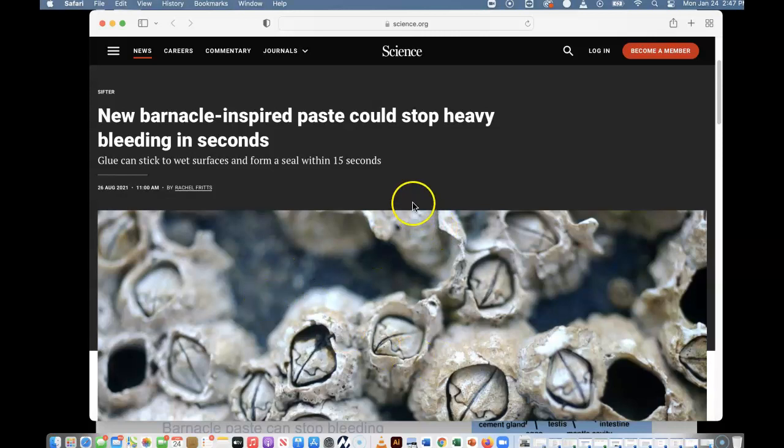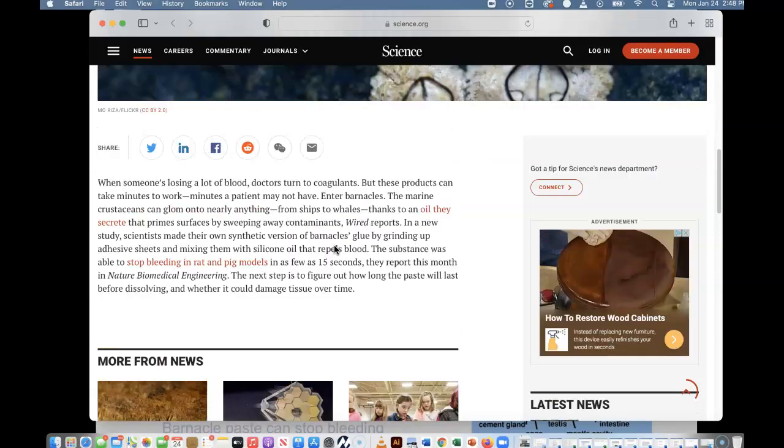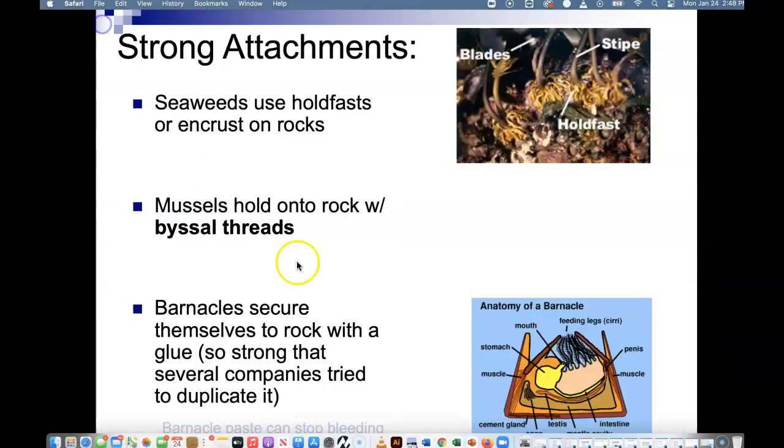They're trying to come up with a compound similar to this to stop heavy bleeding for medical purposes. Right now they're doing it in rat and pig models, and they're looking at some of the long-term impacts to make sure that it doesn't damage tissue over time. But this is eventually something that you could actually see in the medical community. So a really interesting biomedical engineering use for barnacles.